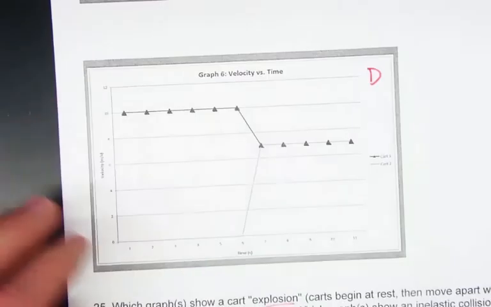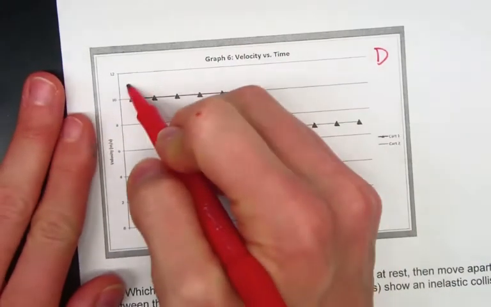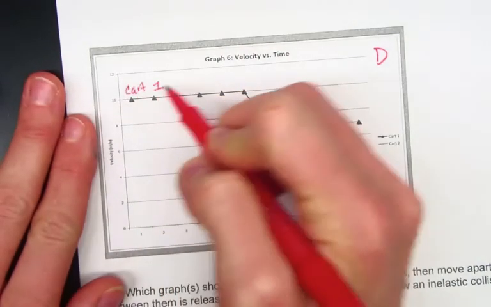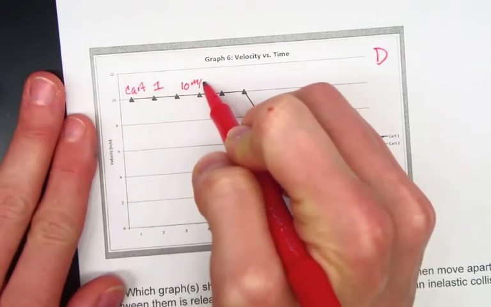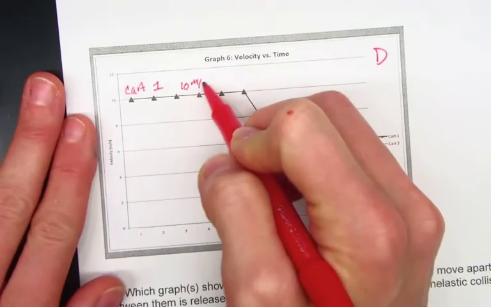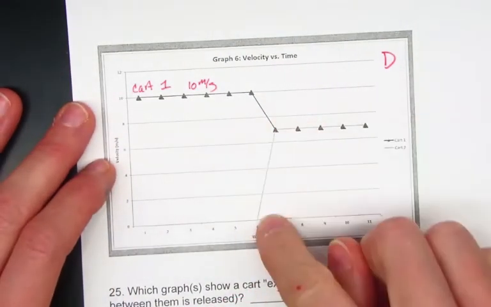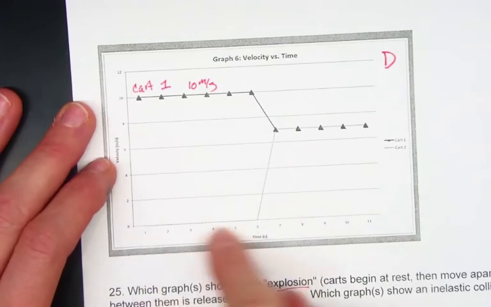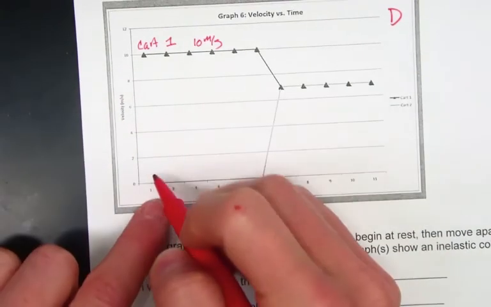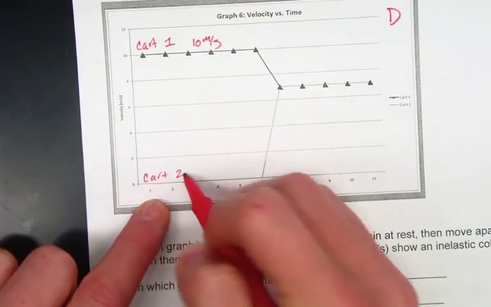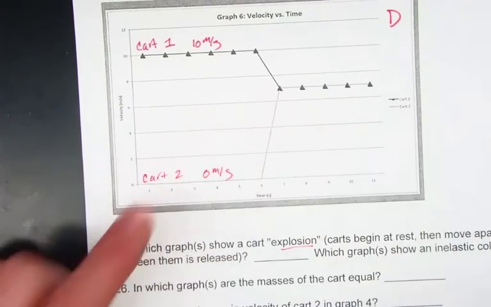And then for graph D, I can see that cart 1 is at 10 meters per second. It's kind of hard to see because of the gray line, but there is a gray line down here. So this is cart 2 at 0 meters per second.